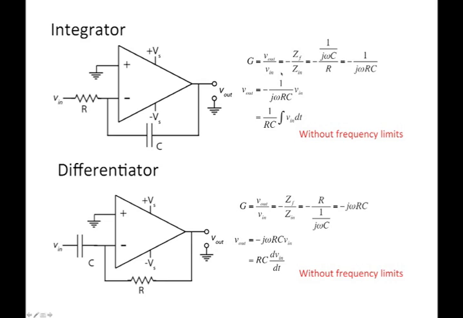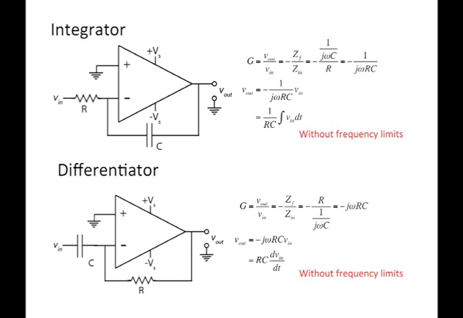The gain is V out over V in. We can write down the impedance of the capacitor over the resistor, and we just get that the gain is minus 1 over j omega RC. And it turns out this is really what we mean by an integrator. Because if you have a varying signal, and we can write it as e to the j omega t, then integration and differentiation just become multiplication and division.